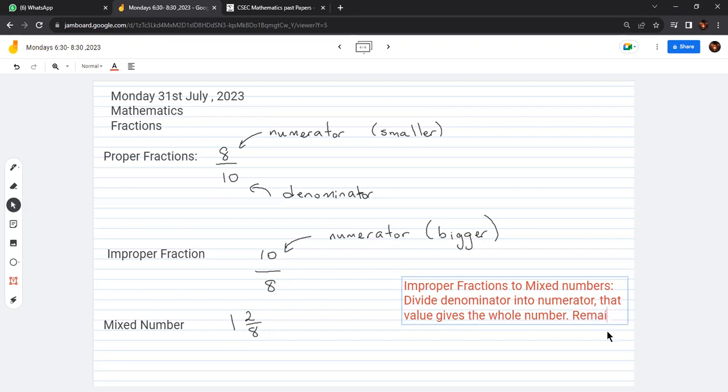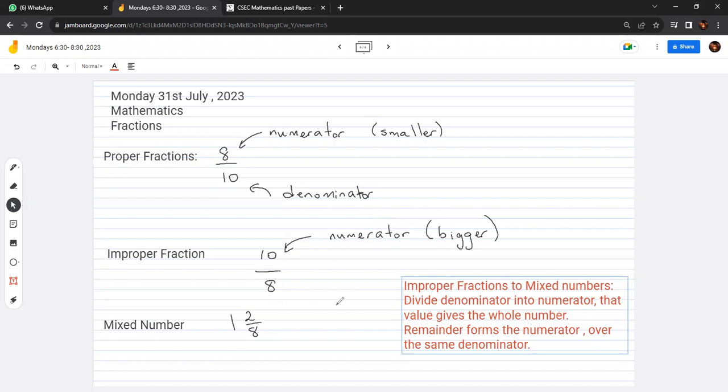That remainder is going to form your numerator over the same denominator.